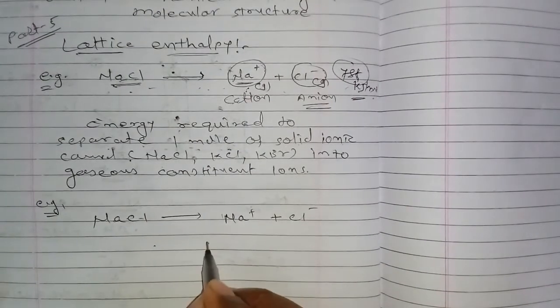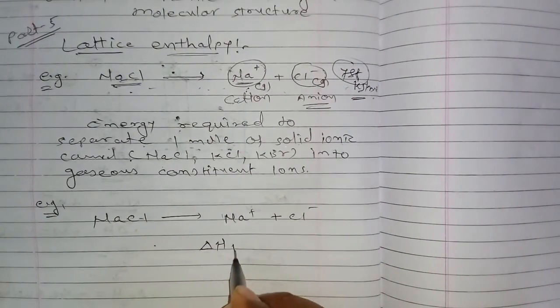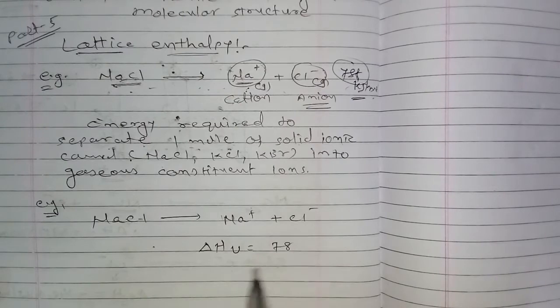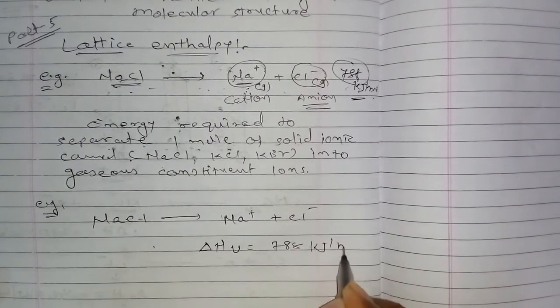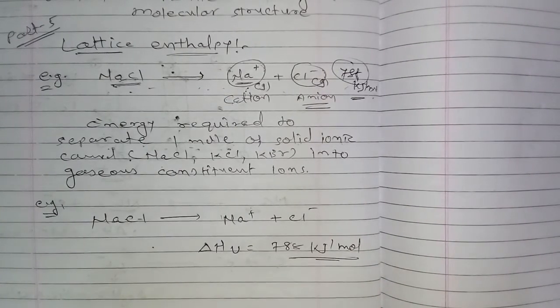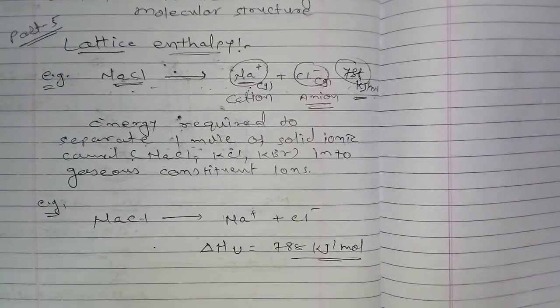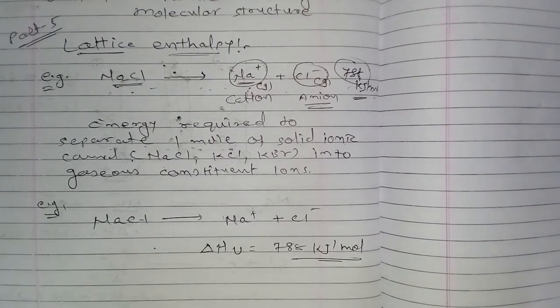Here the lattice enthalpy delta H U is 788 kilojoule per mole. This is the concept about lattice enthalpy.